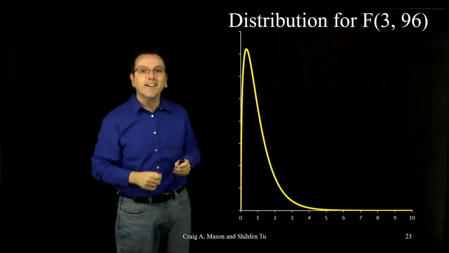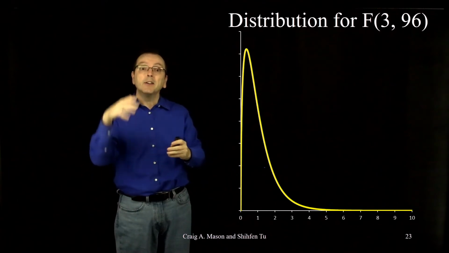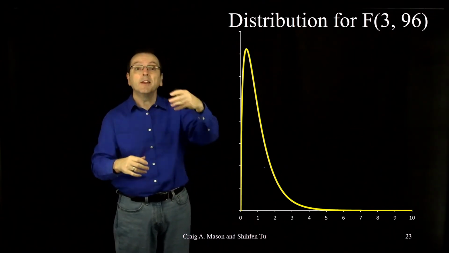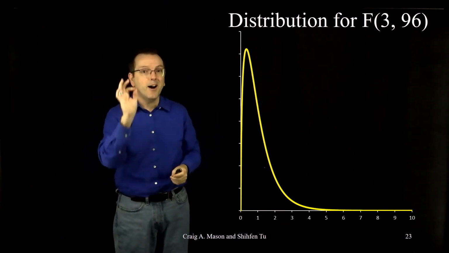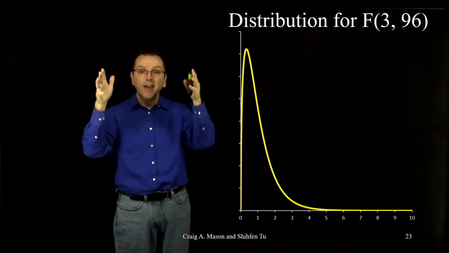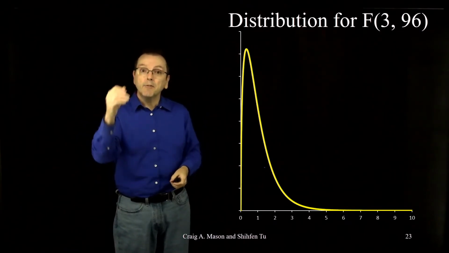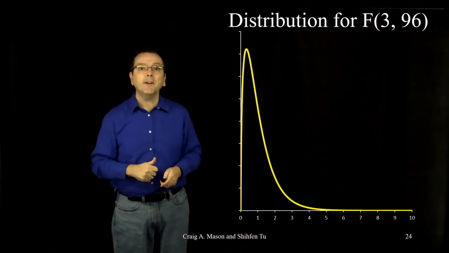Same thing here. It's F followed by parentheses with the degrees of freedom between, comma, then the degrees of freedom within in those parentheses. You always list the degrees of freedom with the degrees of freedom between first, followed by the degrees of freedom within. All right?